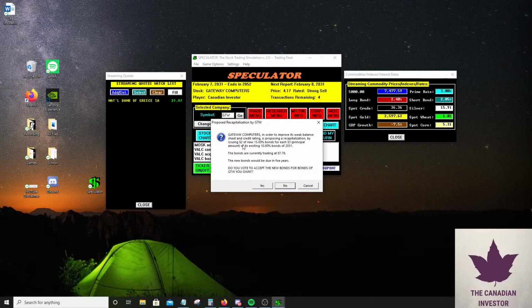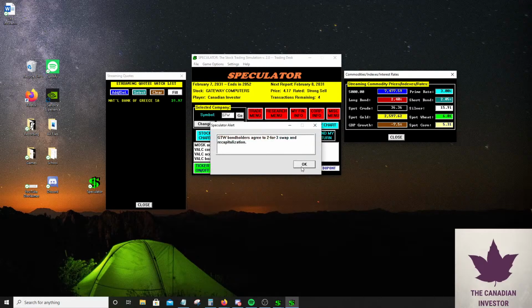So in order to pay, the credit rating is proposing to recapitalize by issuing $2 of new 50% bonds for each. Wait, what is this? 2-for-1 swap. I've never seen this in my entire life.